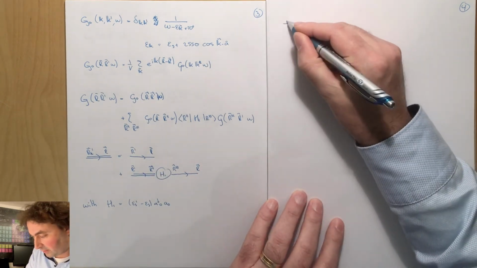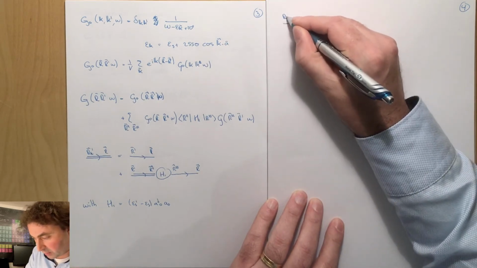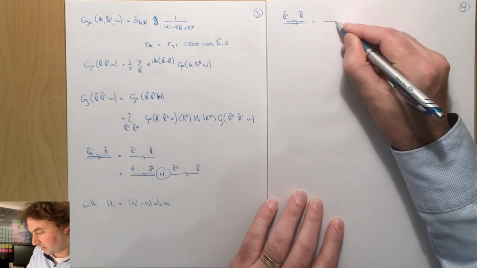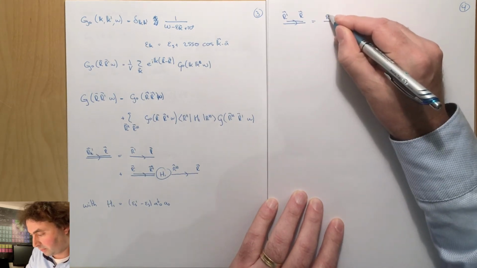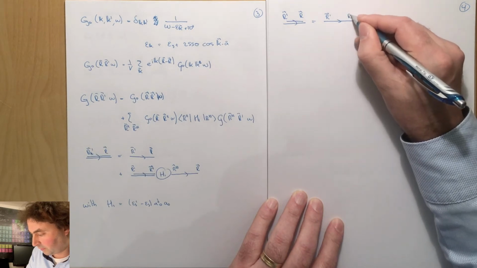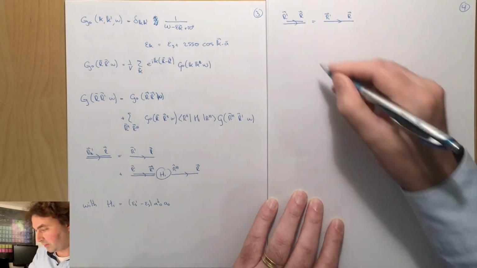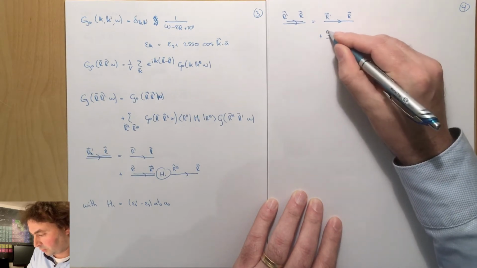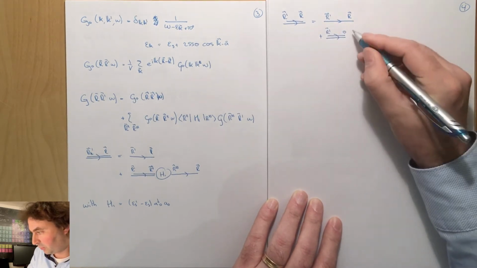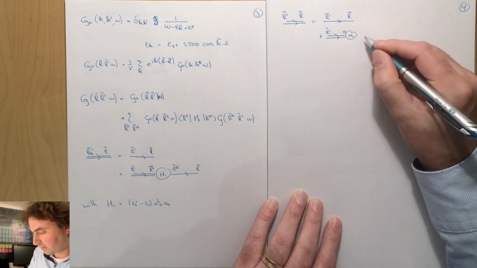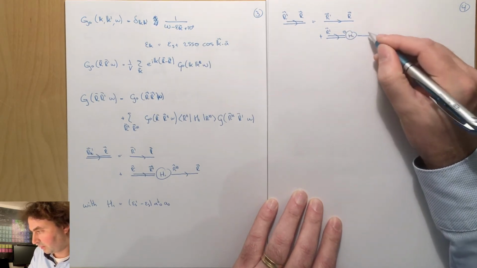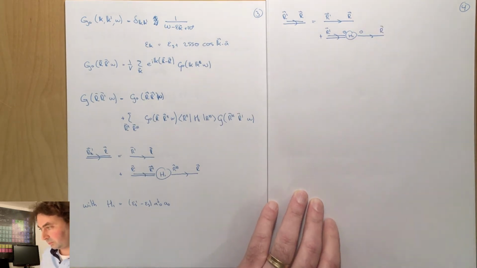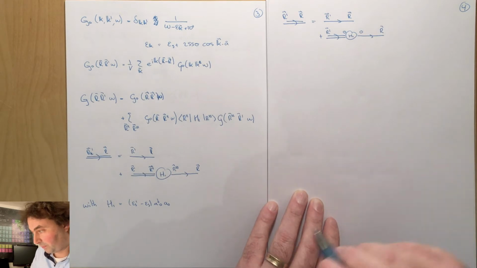So we have that our full Green's function that tells you how you propagate from R' to R is equal to the propagation that we have in our bare system without an impurity, plus the propagation from R' to the impurity, then a scattering, and then a propagation from the impurity to R by the bare Green's function.